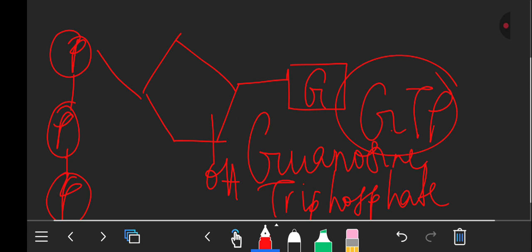So one thing I need you to take home here is that if the sugar which is being used in this structure is a ribose sugar, then the nucleic acid which is formed is the ribonucleic acid because of the ribose sugar.